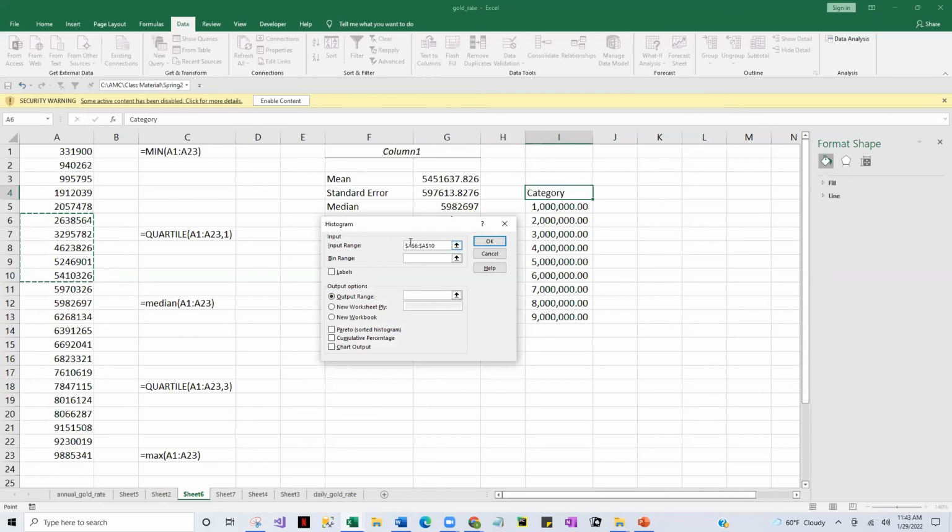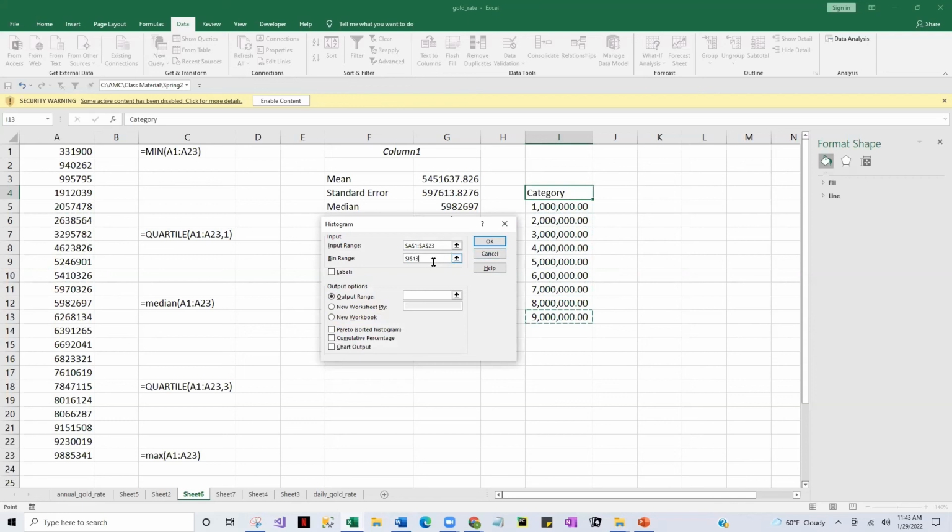My mouse is here, so I'm going to change it manually. So that is going to be my input. And my bin is going to be here. So this is my bin.